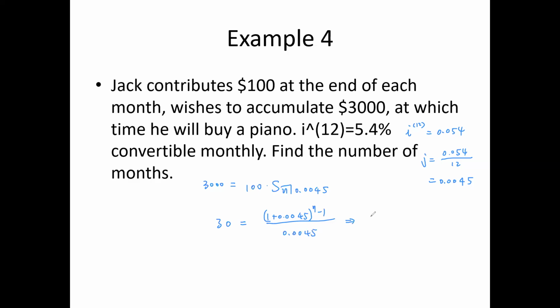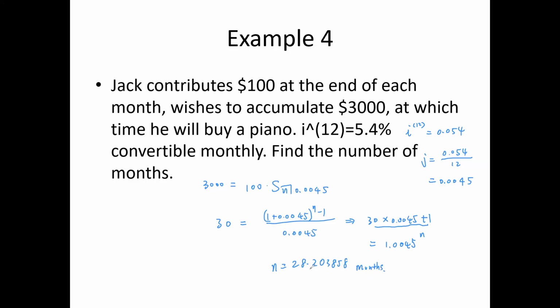So you would have 30 times 0.0045 plus 1 equals 1.0045 to the N. You find this value and then take log on both sides, and you would get N equals 28.203858 months.